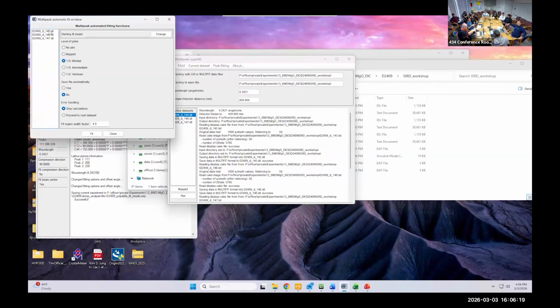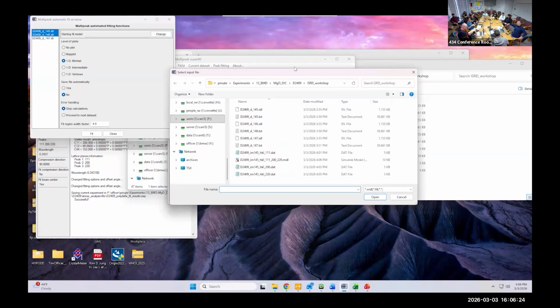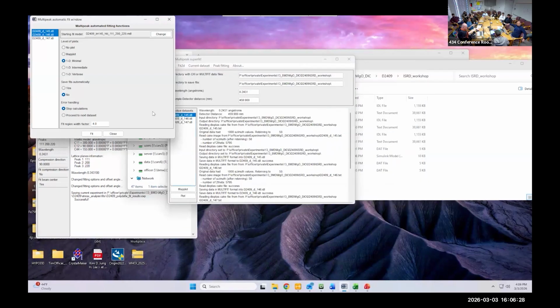Now we can fit multiple images based on that model. So let's just fit the first 2. We'll enter our model and then save our fits. The level of plots shows the plot of each fit. If you do verbose, it's very slow and shows you a lot of information.